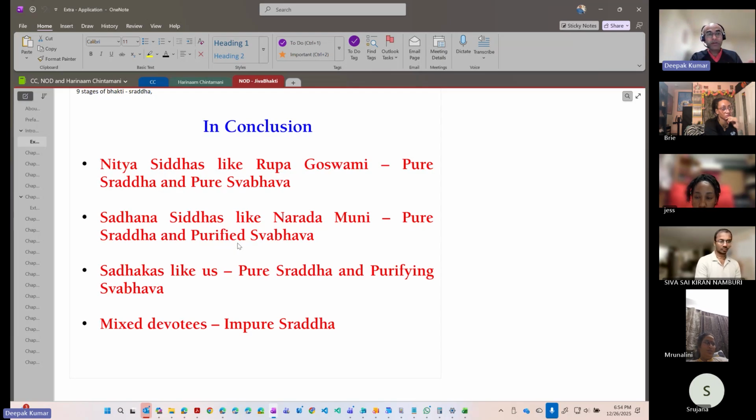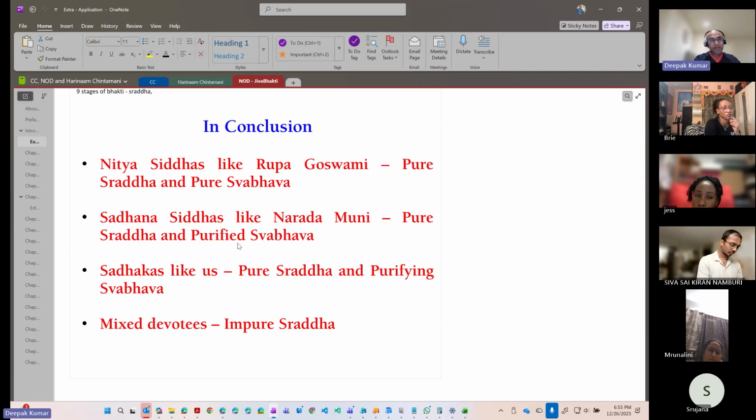On the Shraddha, devotees like Rupa Goswami who are in the category of Nitya Siddhas, they have a pure Shraddha and they have the pure Swabhava. Swabhava means nature. So they have a pure nature which is inclined to always serve Krishna. They have no tinge of anything other than Krishna. Okay, so they are Nitya Siddhas. So that's the category. They're always performing the Shuddha Bhakti, the pure Bhakti.